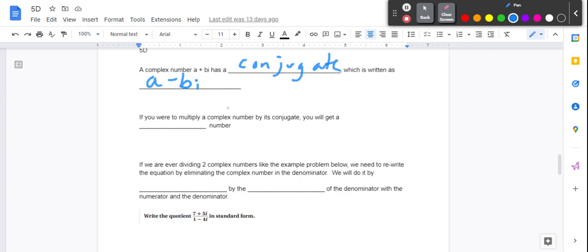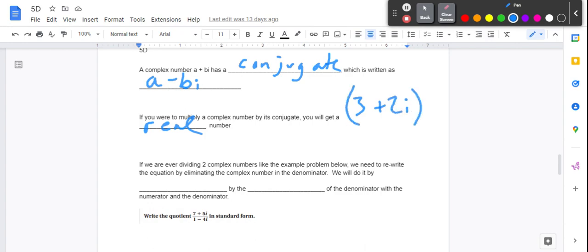The reason we have conjugates is this is going to get more into quadratics a little bit later on. But what happens is if we were to multiply a complex number by its conjugate, you'll get a real number. So let's say hypothetically, we have a complex number 3 plus 2i.